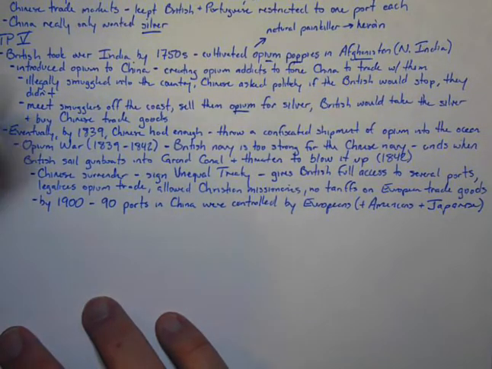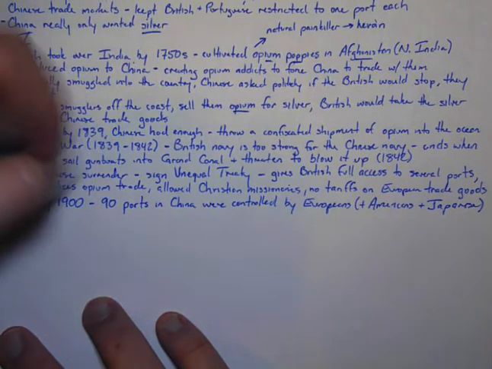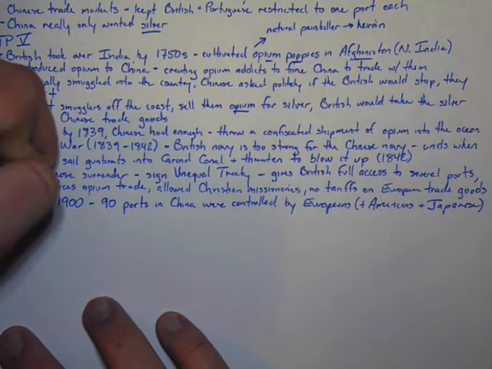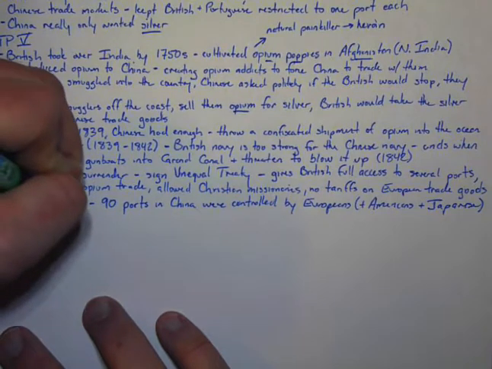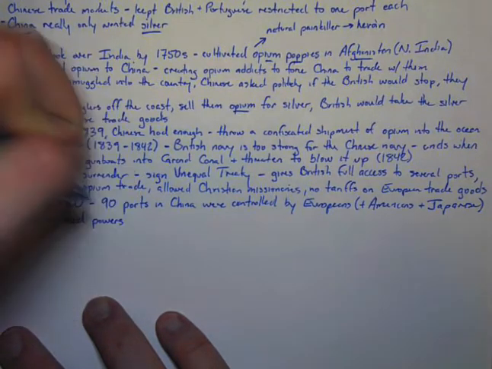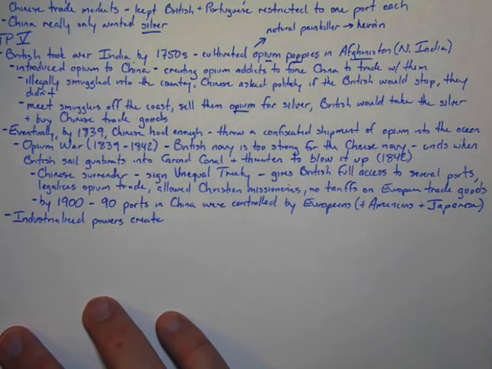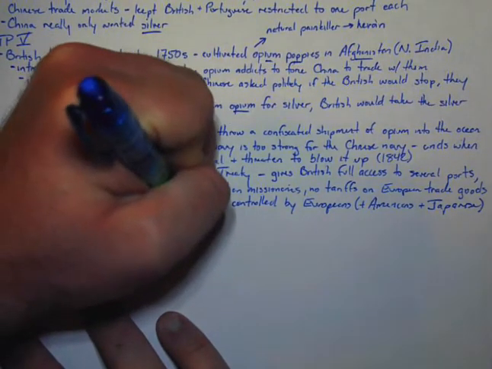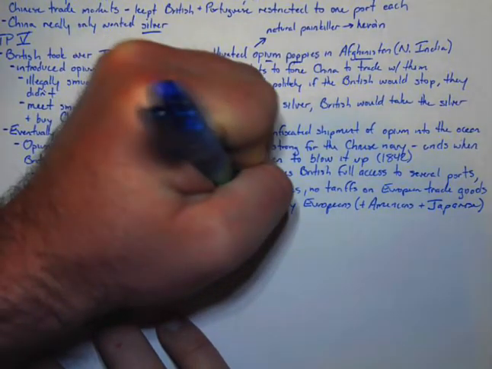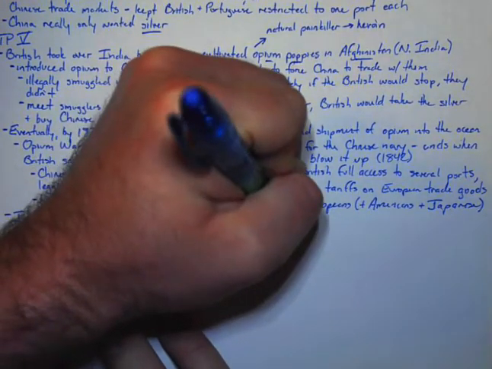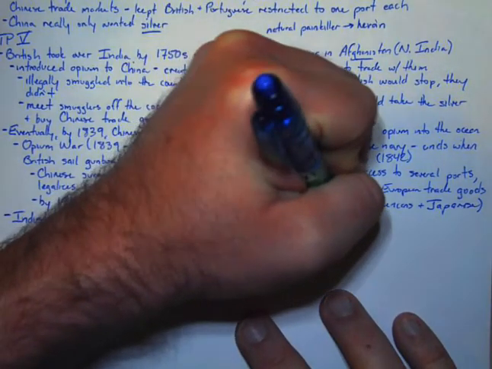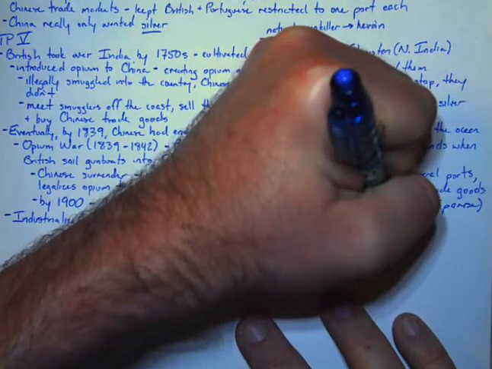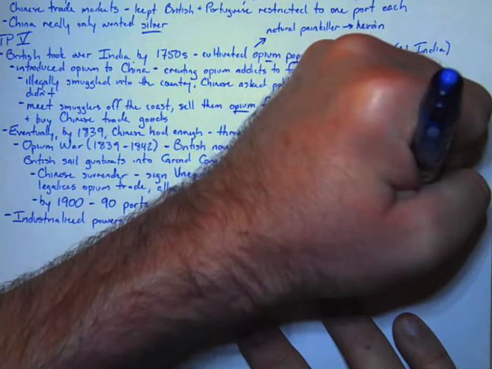So what the Europeans and the Americans and the Japanese, what the industrialized powers do, they create what are called spheres of influence. And what a sphere of influence is a form of economic imperialism.